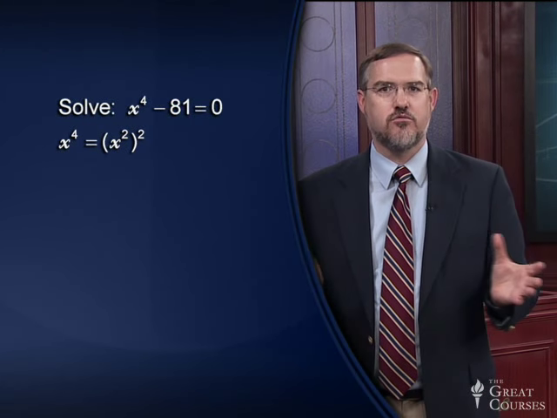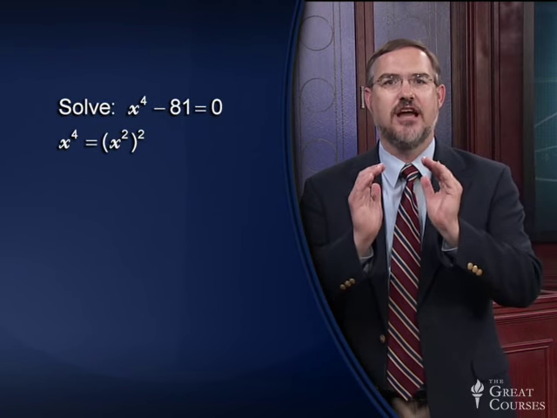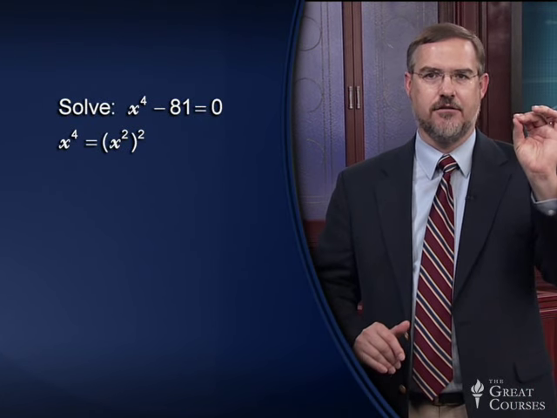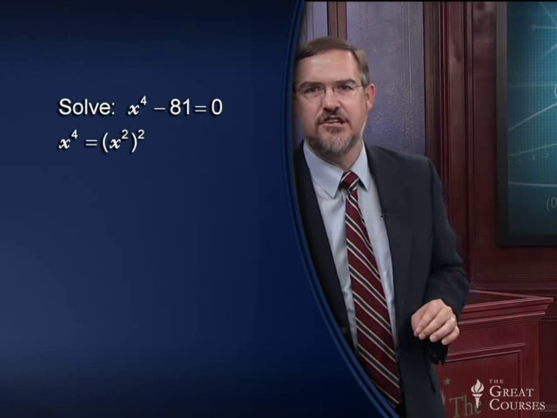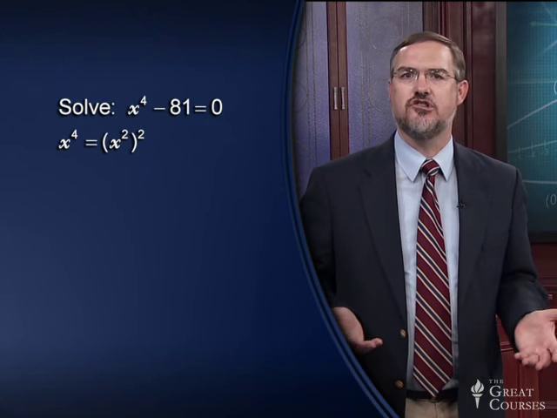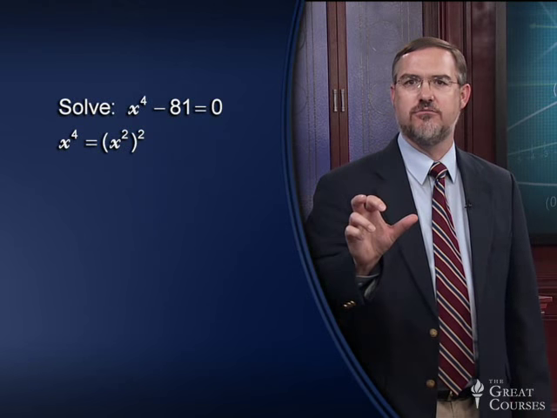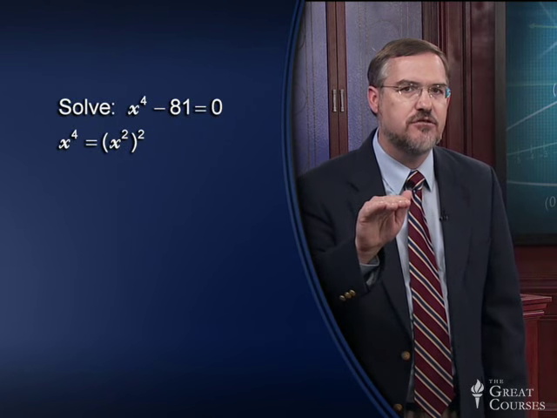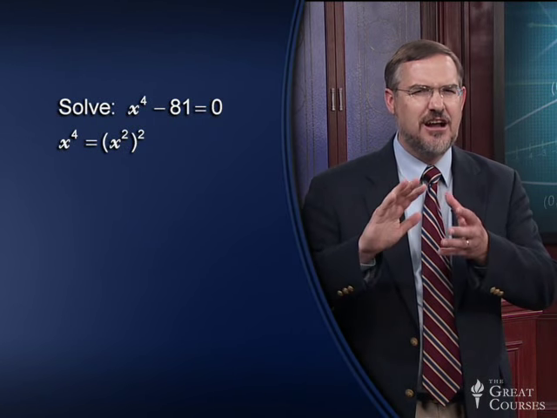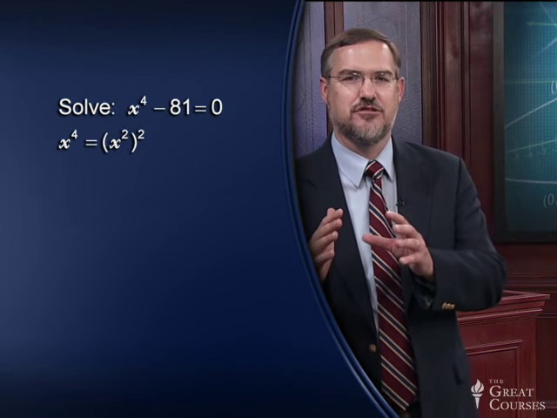So x to the fourth really is a square, it's just x squared squared. And of course, 81 is 9 times 9, so it's also a square. And that means that the original equation we started with really is a difference of two squares. It's just kind of hiding a bit as a difference of two squares.